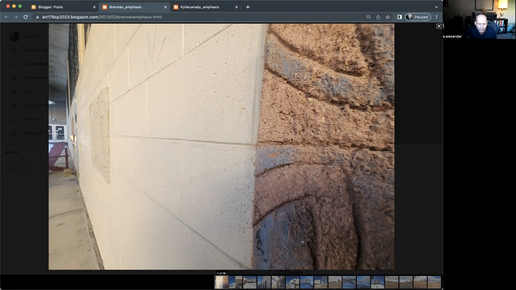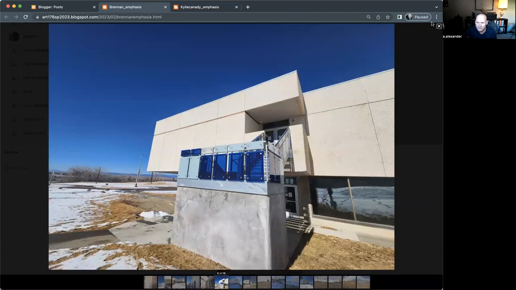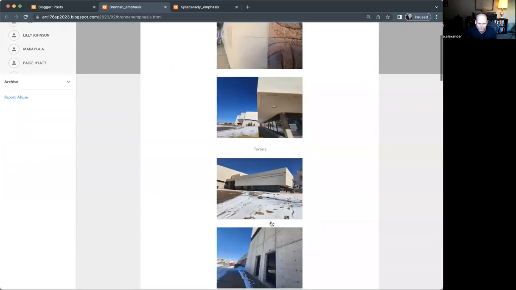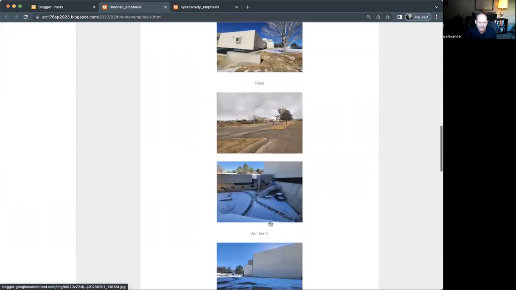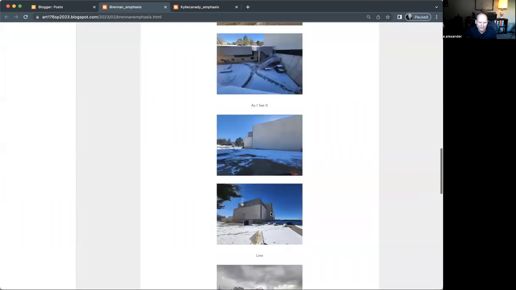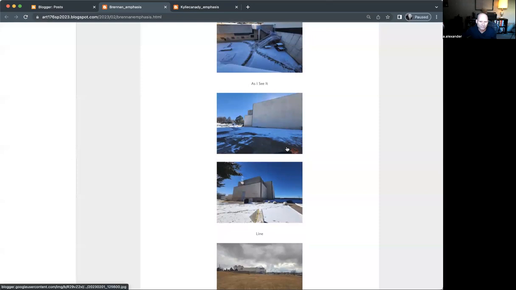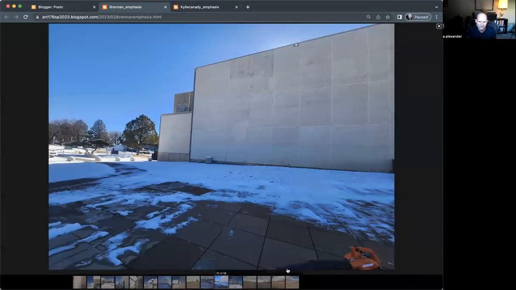It happens again in a few other spots in these compositions where I'm seeing some information that may or may not need to be in the photograph. Not a lot, but it is there. Things like this, resting right on the edge of the ground there.